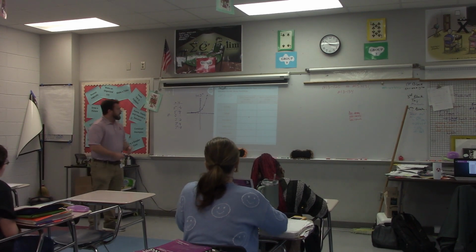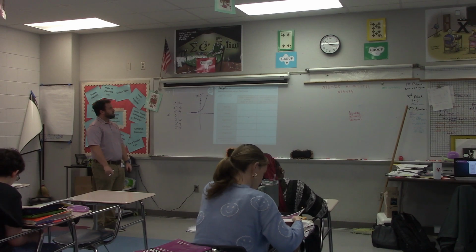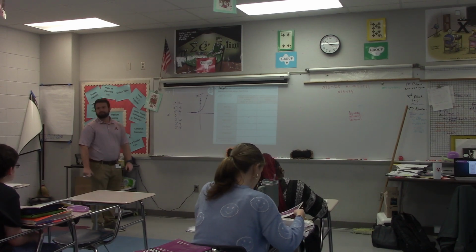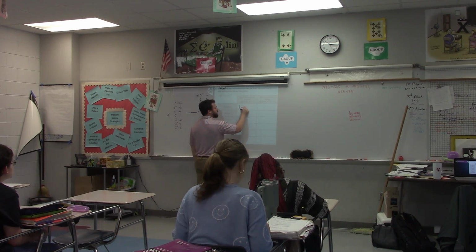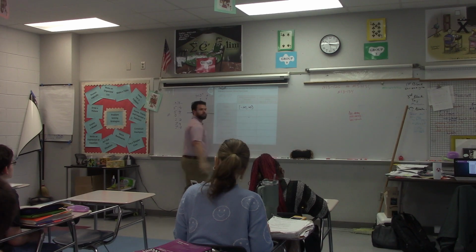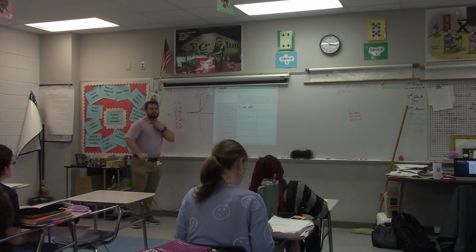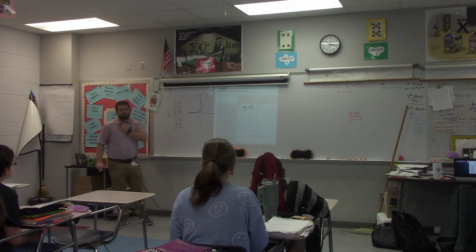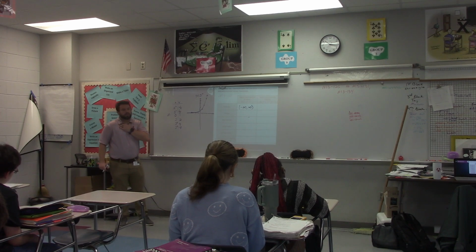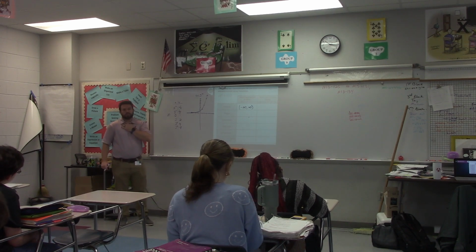So, what would be the domain of this function? Negative infinity to positive infinity. Anybody want to push back on that or ask a question about that? No pushback? No questions? Okay. Can someone explain why then, if we're all in agreement?